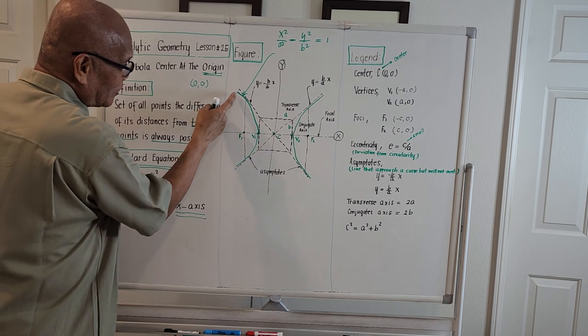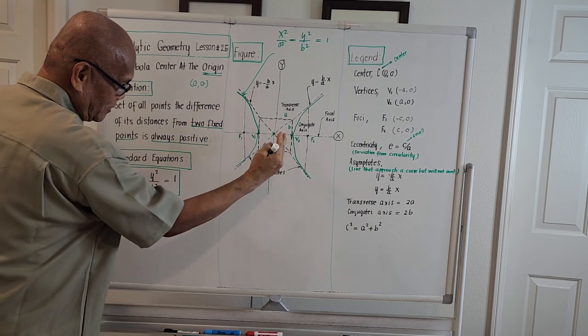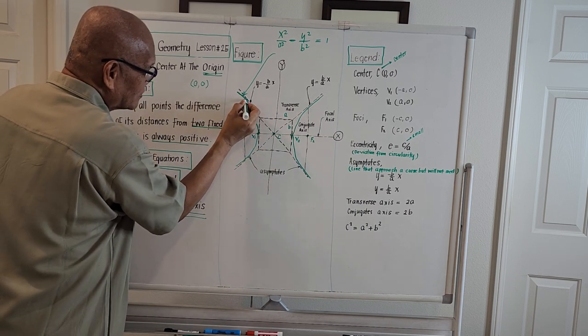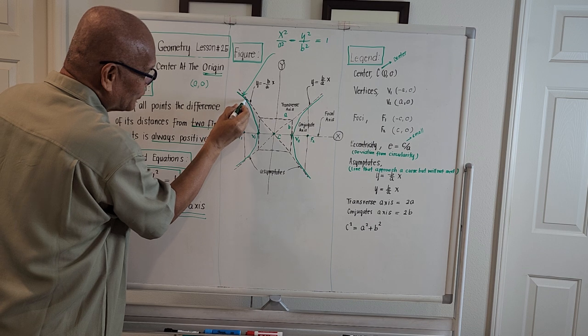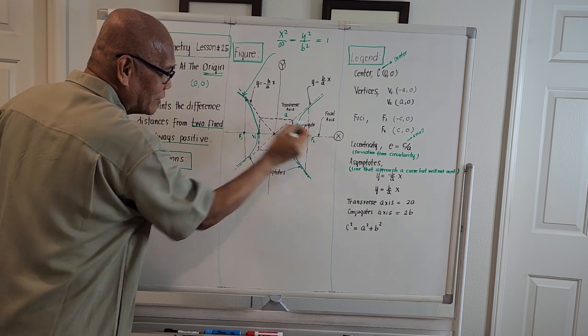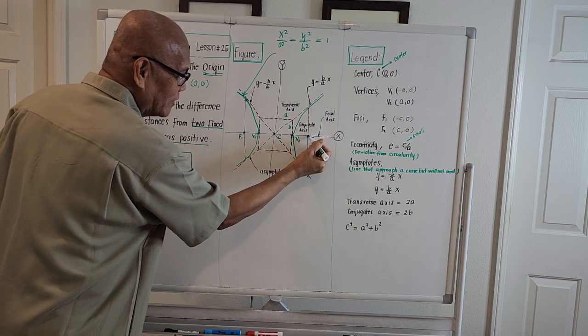According to the definition, if we graph this hyperbola here, on this left portion, we take the distance from this point to here, and its distance from the other fixed point, this one here.